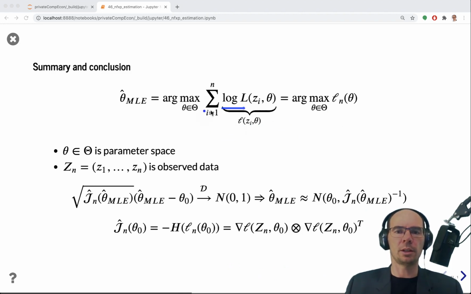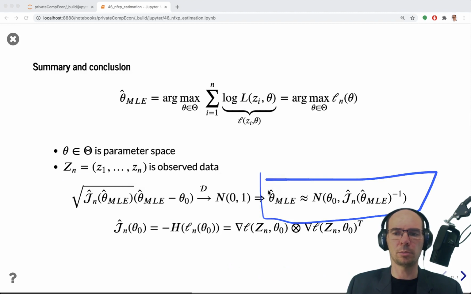Log likelihood. And we can maximize log likelihood, or likelihoods. This is a bit easier. Theta comes from some parameter space, and we have an observed data, which is a random sample of n observations. Now we have this result here, which is somewhat sloppy notation, but this is what's practical.